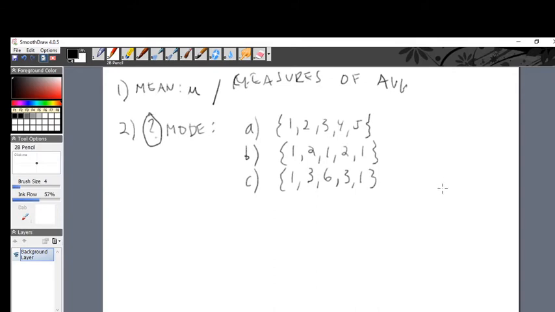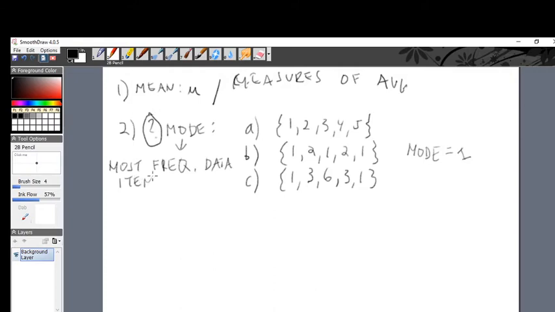Let me start with the second one, B. The mode is equal to 1. Let me explain why. The mode means the most frequent data item. And 1 comes up 3 times versus 2 for 2. There's 2 2s, but there's 3 1s, so 1 wins, and the mode is 1, the most frequent data item.